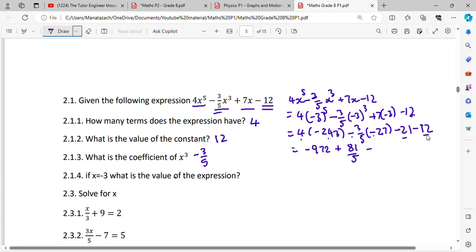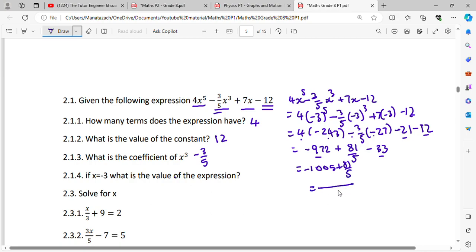Minus 21 and minus 12 is minus 33. So let's just group these two together. So minus 972 minus 33 will give us minus 1005 plus 81 over 5.